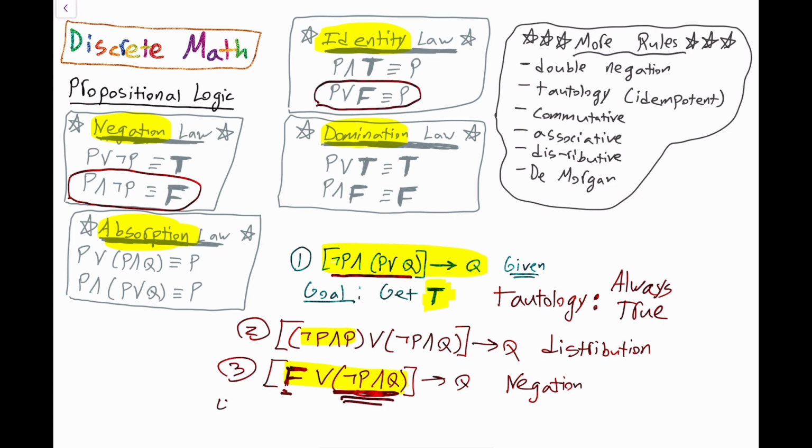So for line 4, in the antecedent, we have parentheses, not p and q, close parentheses, arrow q. And here we apply the identity law. I think that's pretty much all we can do with that conditional.